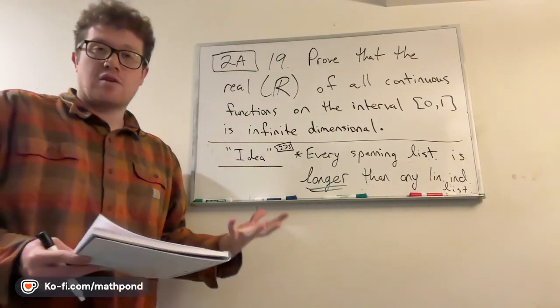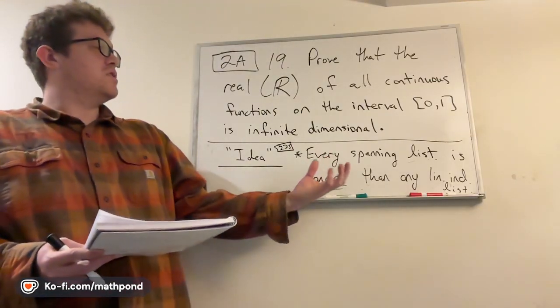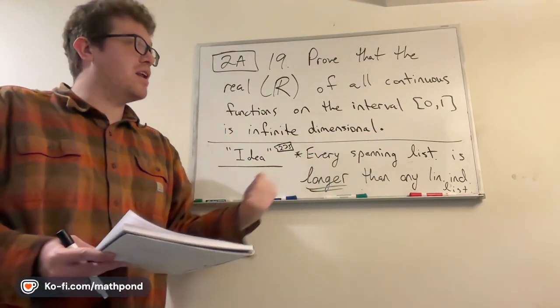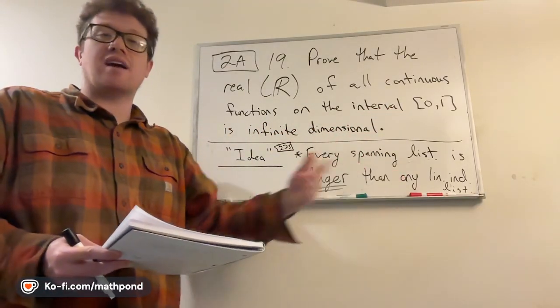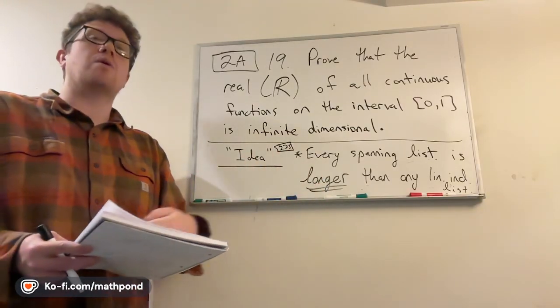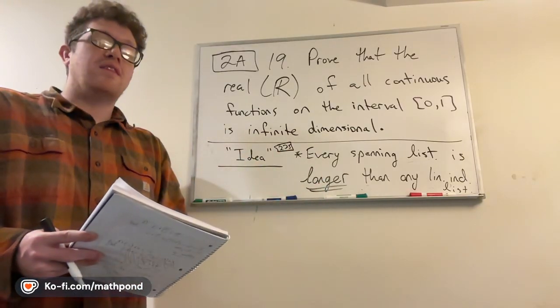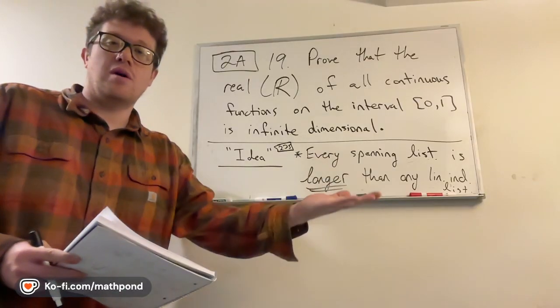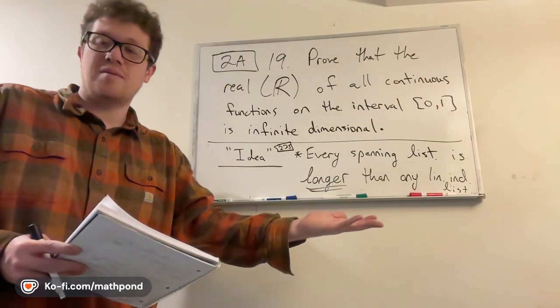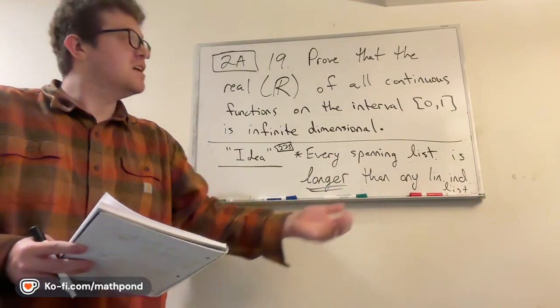And that's kind of the crux of the argument here, because if we can find linearly independent lists that just keep growing in size, like I can find one that's a list of size 2, then of size 3, then of size 4, size 1,000,000, a quintillion vectors that are all linearly independent. I can just keep going on forever.